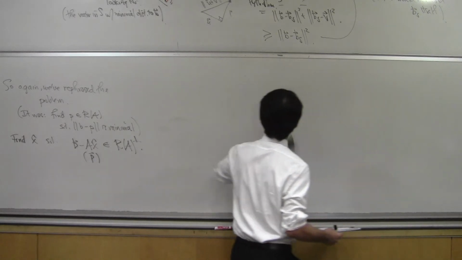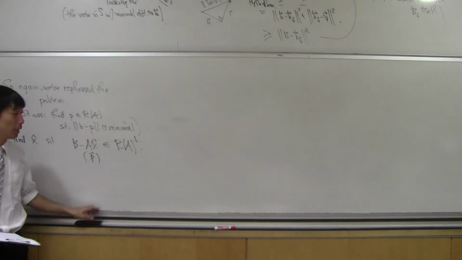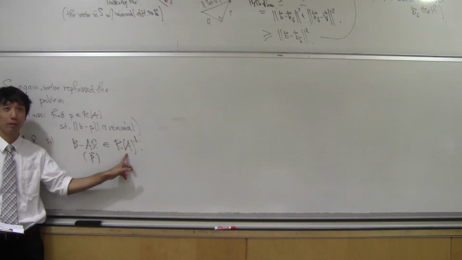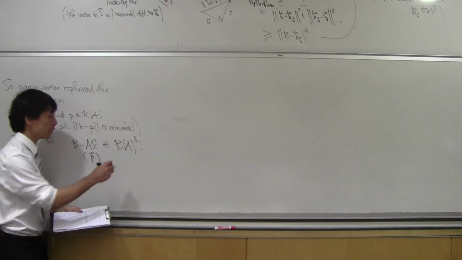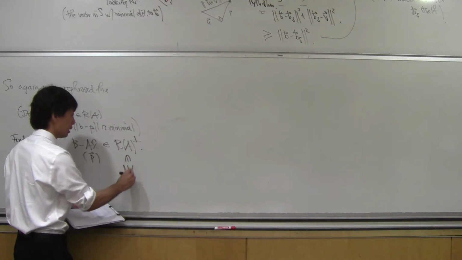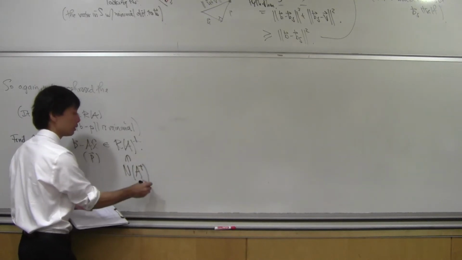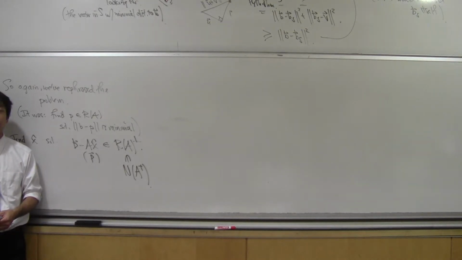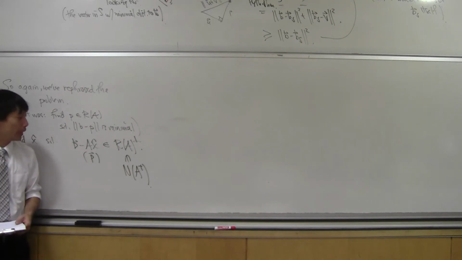Okay, but now we can, you know what we're going to do now. We've got the perp of range of A. That's the same thing as the null space of A transpose by the fundamental subspaces thing. Right?